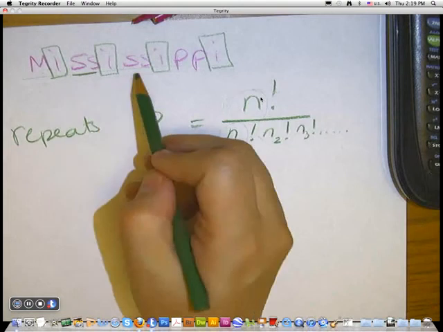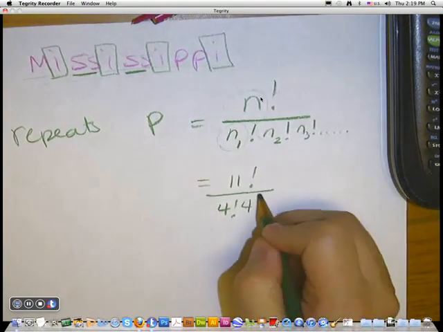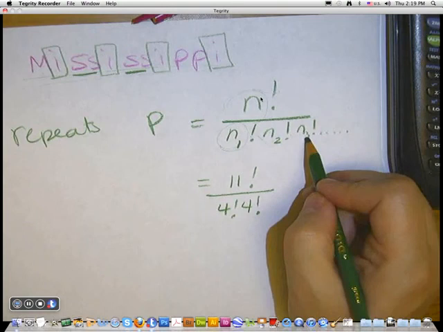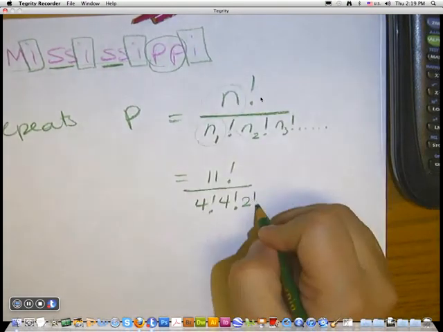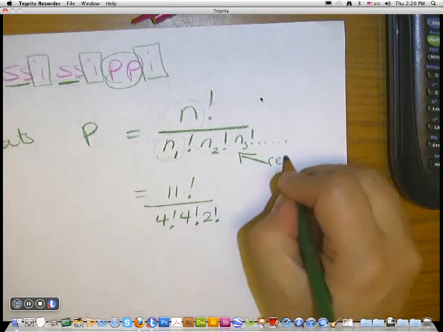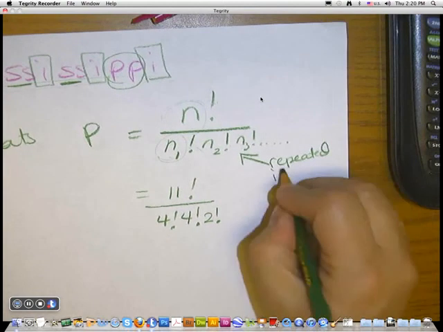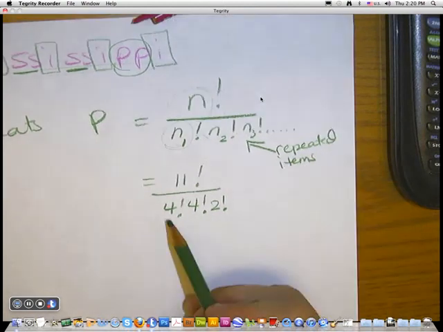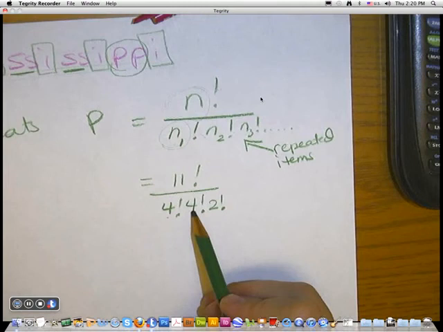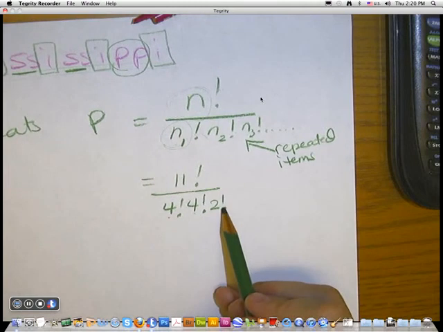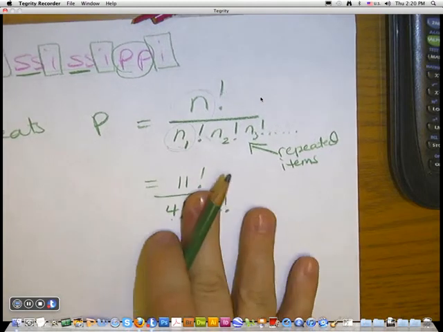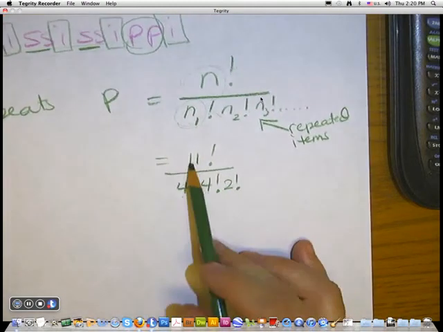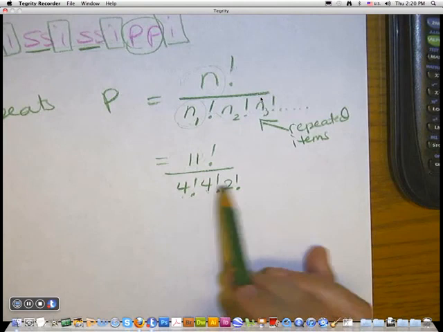Well, S. 1, 2, 3, 4. Then I go, is there a third item repeated? The P's. And there's 2 of them. So what these n's stand for down here are the repeated items and how many times. So I repeated 4 times, S repeated 4 times, P repeated 2 times. If there was more of them, I would keep going. If there was less of them, I wouldn't have them. All right, so this is everything, and these are the repeated items.